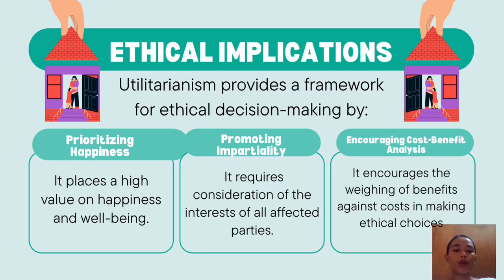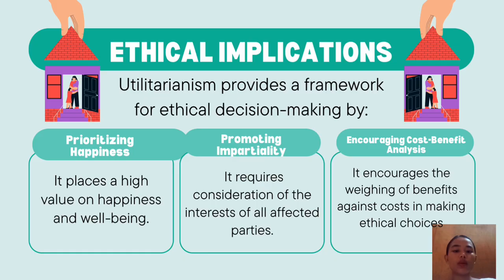Number 2, promoting impartiality. It requires consideration of the interests of all affected parties. This means we should be fair and not favor one person or group over another. Everyone affected by a decision should be considered equally. Number 3, encouraging cost-benefit analysis. It involves weighing the benefits against the costs when making ethical choices.